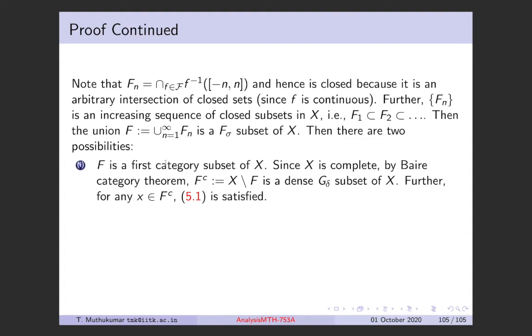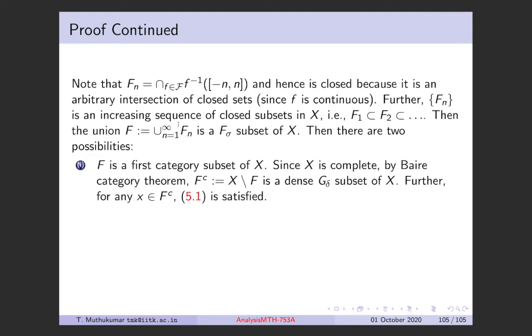One, F could be a first category subset of X. If this capital F is a first category subset of X, and since X is complete, by the Baire category theorem, the complement of this first category set should be a dense G delta subset of X. Further, if you take any x in F complement, what is F complement?